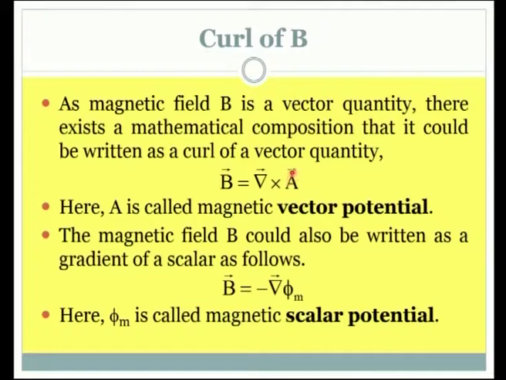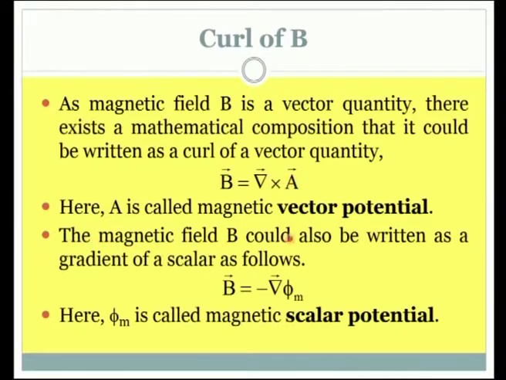So, here A is another vector quantity. A is called the magnetic vector potential, because this is written as an operator acting on it. So, B is the magnetic field, A is called the vector potential of the magnetic field. This is from the pure mathematical composition.